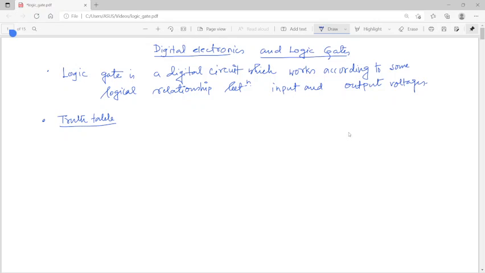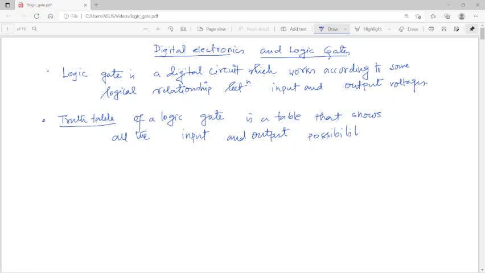And in logic gates there is a thing called a truth table. What is a truth table? The truth table of a logic gate is a table that shows all the input and output possibilities for the logic gate.